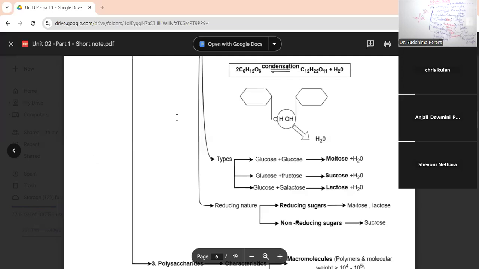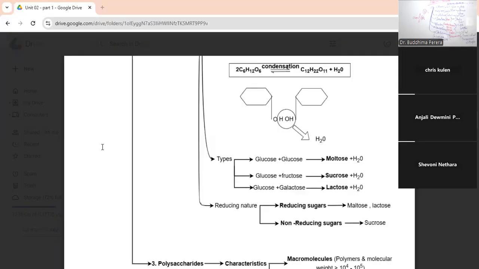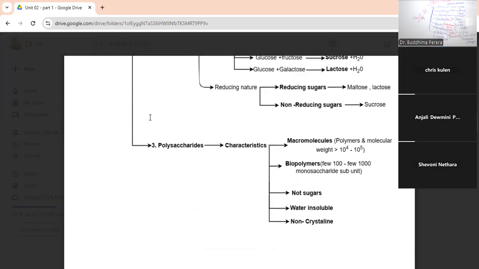In polysaccharides, what are the characteristics?